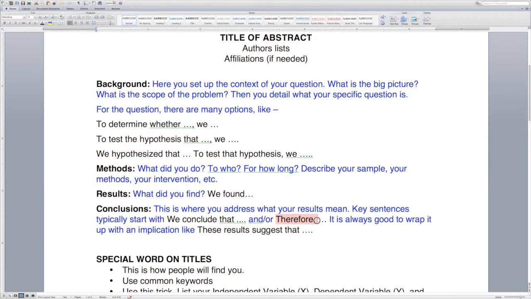And therefore, you can always say, well, what does that mean? And you always want to wrap things up with an implication, like these results suggest that. And that kind of leads you to what's the next exciting step of your research. And you want to make people excited about what it is that you do. Remember, you're selling your line of research in these sorts of things.